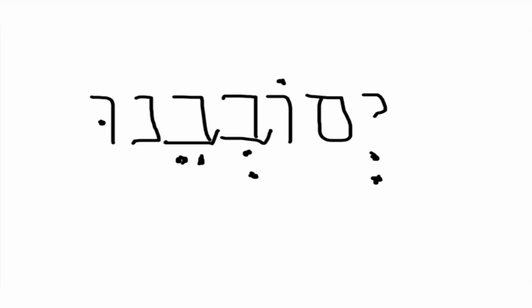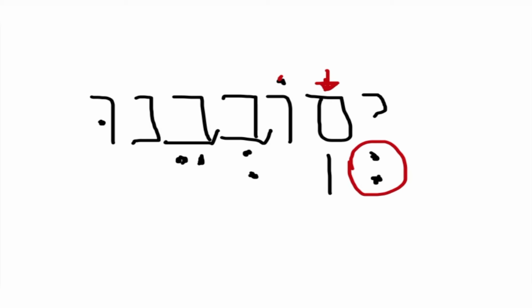This has at the beginning, and if it's at the beginning, it is what? Based upon what we're doing right now, it is sounded out, correct? Now this letter that you see here may look like a mem sofit. And I did draw it a little bit square, not on purpose, but it's not at the end. So if it's not at the end, it must be what? A samech. It is a samech. So yes, this is a o, ve.